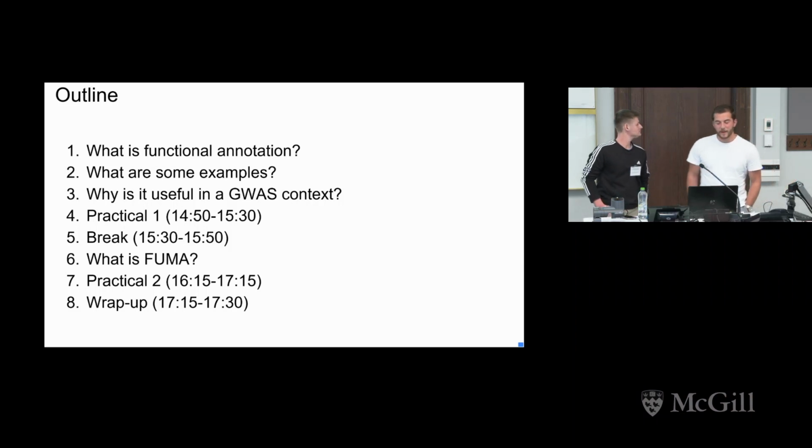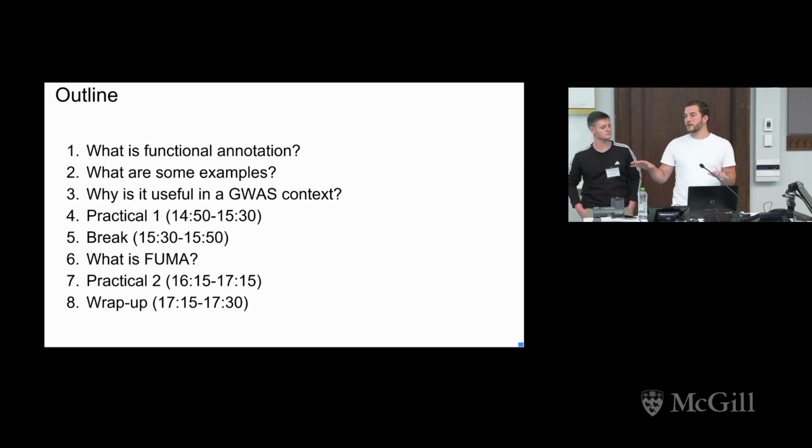So this is a brief outline of what we're going to do. We're going to start with a small talk about what is functional annotation and what data sources we use for functional annotations, and how you can use it to go from GWAS to follow-up studies and more biological insights into your GWAS.